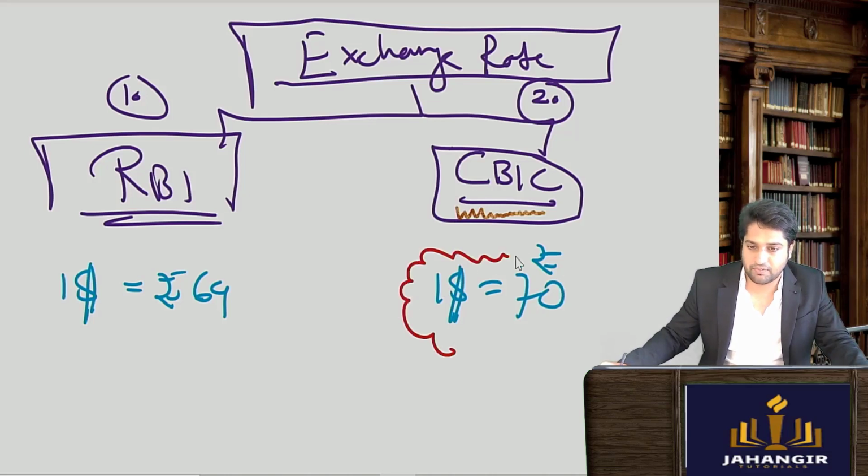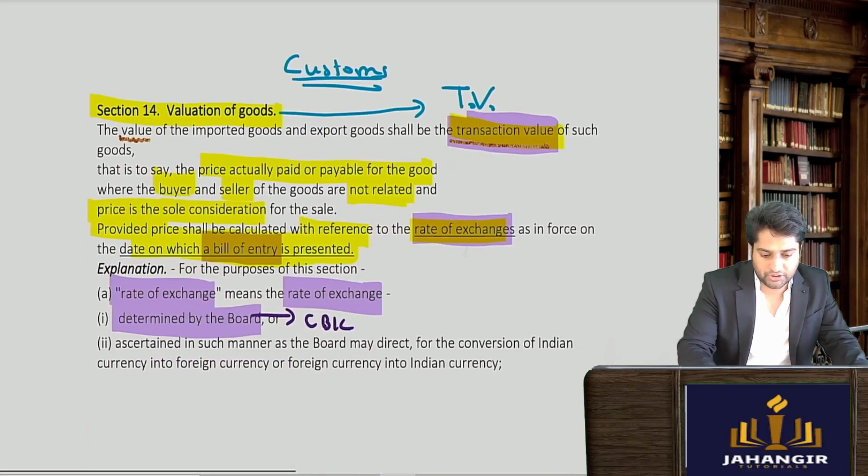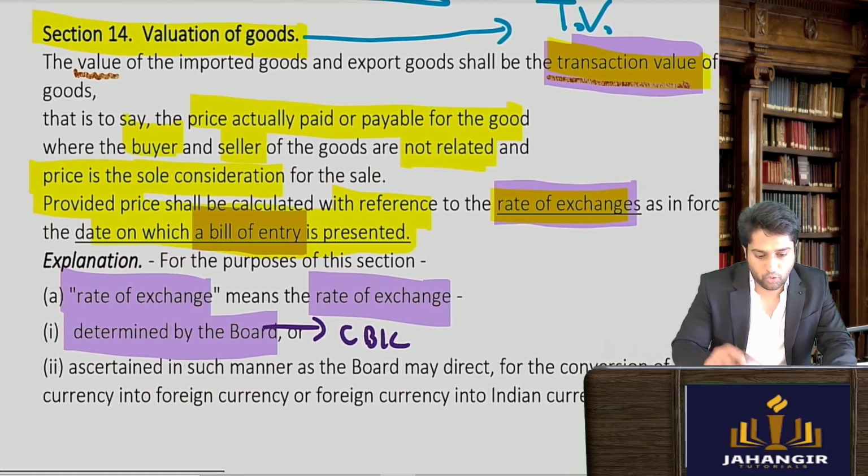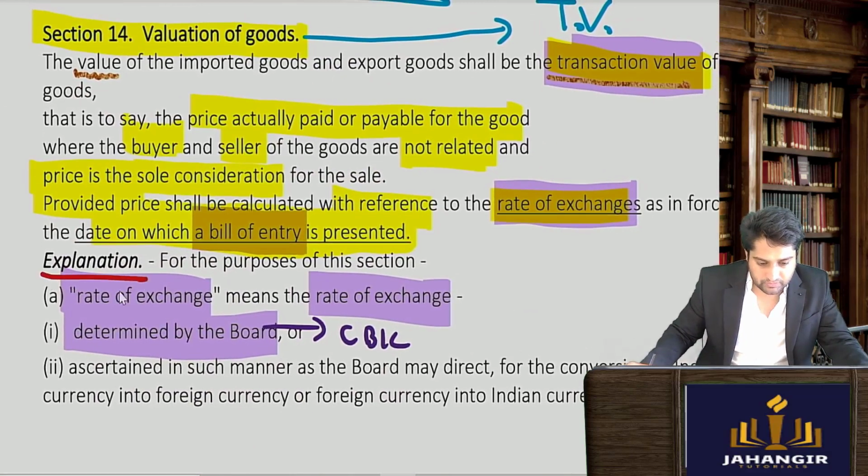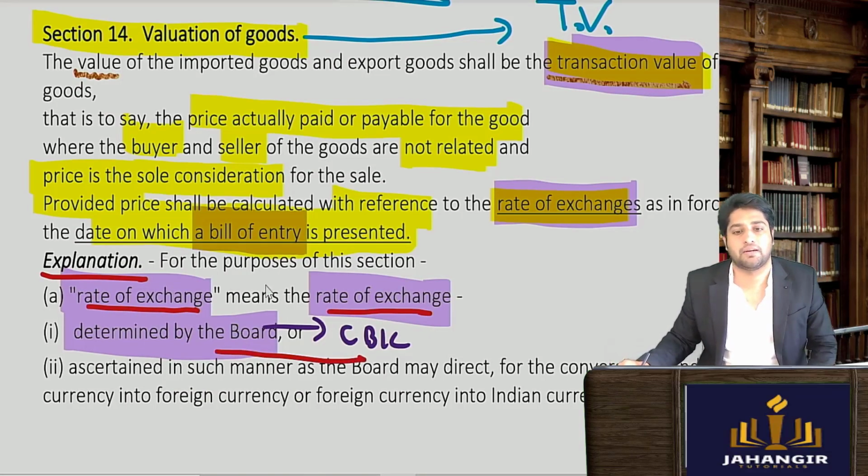It will be the one issued by the Central Board of Indirect Taxes and Customs, as given in the Section 14 explanation: rate of exchange means the rate determined by the CBIC and not RBI.